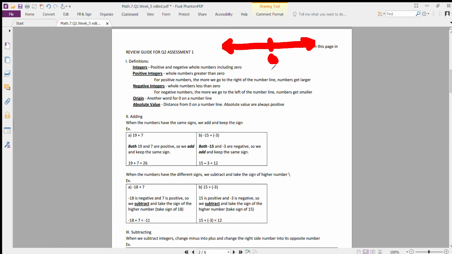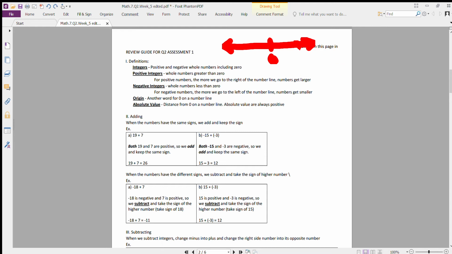The more you go to the right, the number gets bigger. So if we start at 0, it'll be 1, 2, 3, 4, 5, right? That's basically positive numbers.